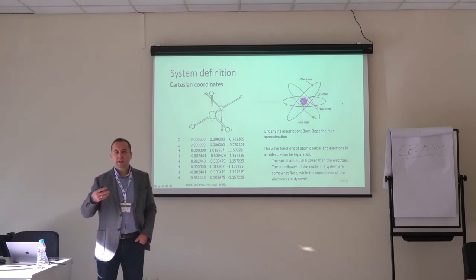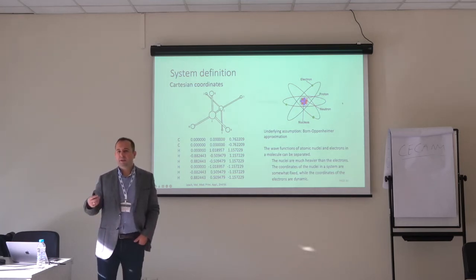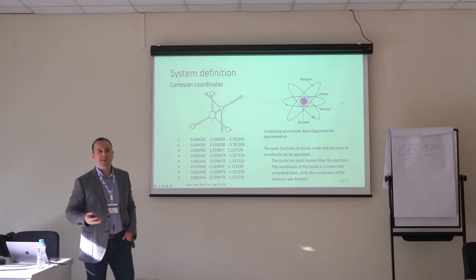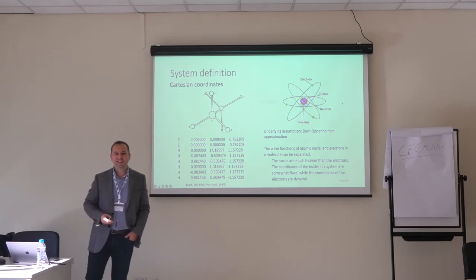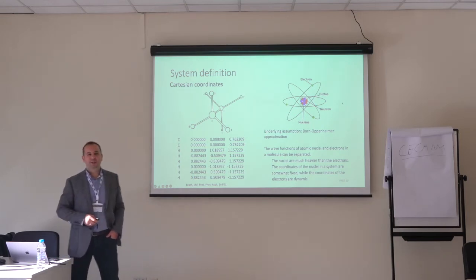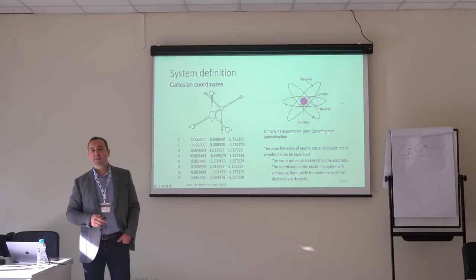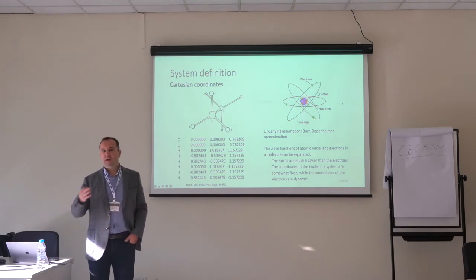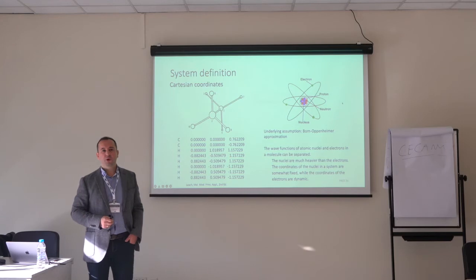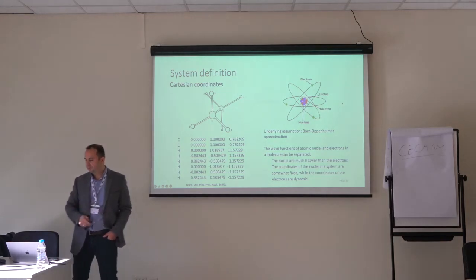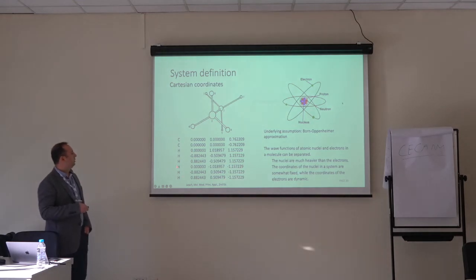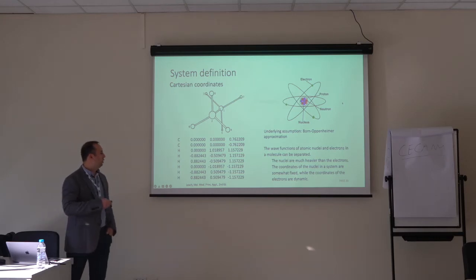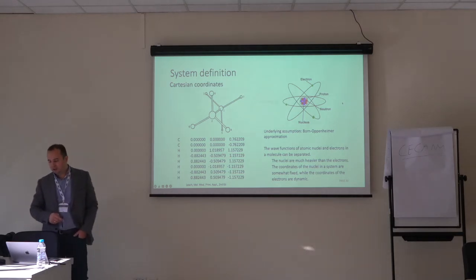So you really need to assume that you don't have an explicit definition of the electrons, because otherwise you will end up with a huge pile of other equations you need to solve. That is the step where you switch from a quantum-level approach to a classical mechanics-based approach. So the main message for this slide is that you define your system by three-dimensional Cartesian coordinates.